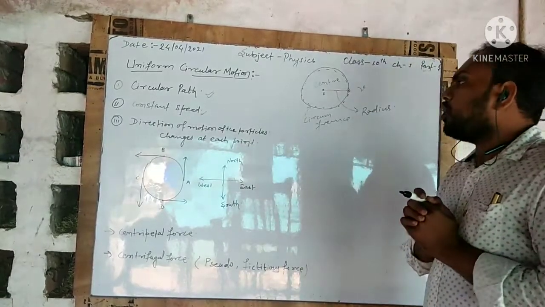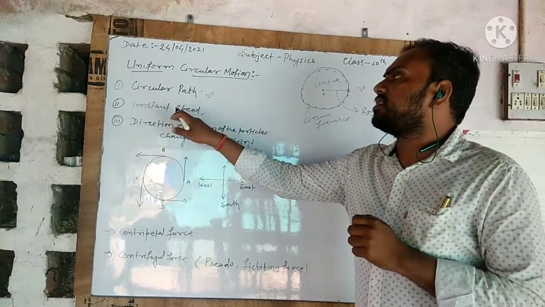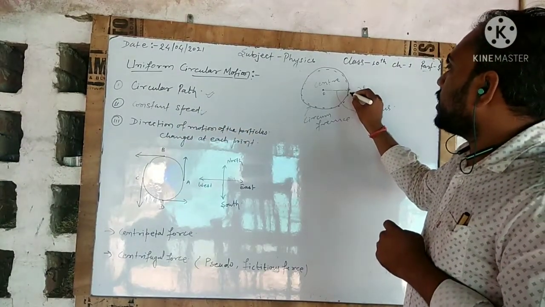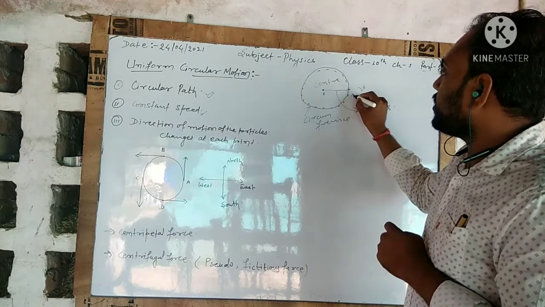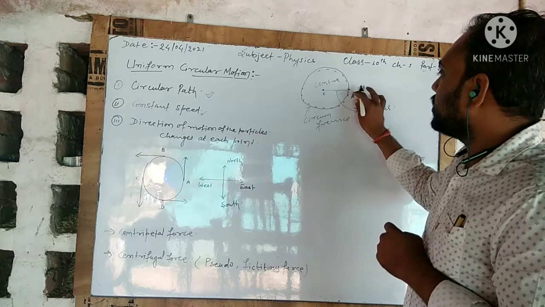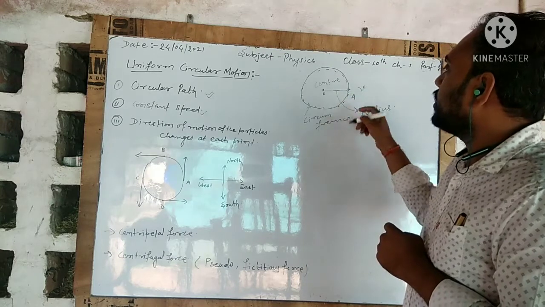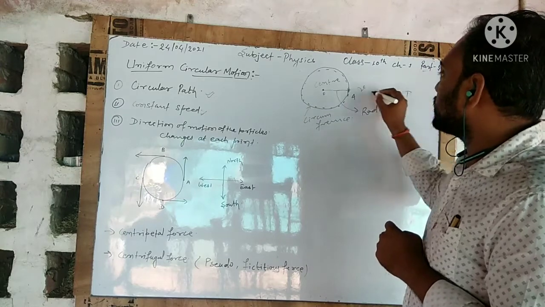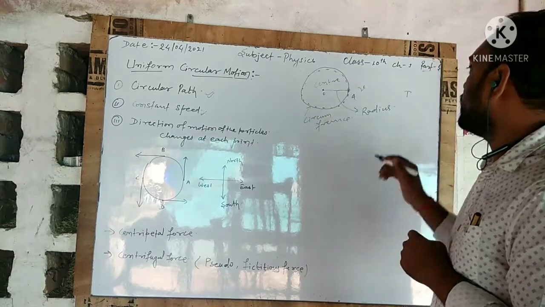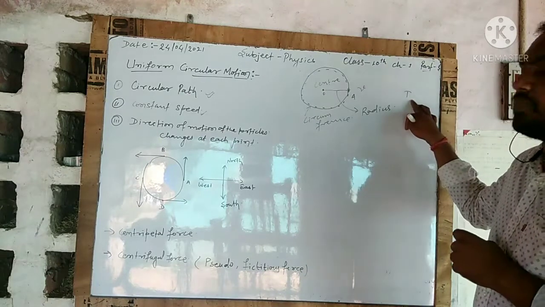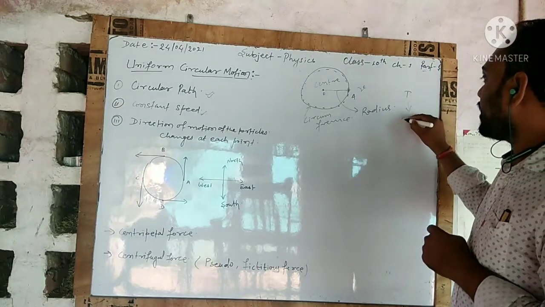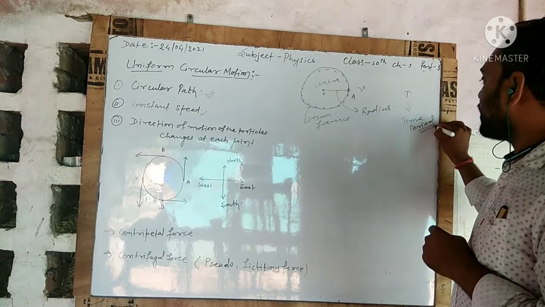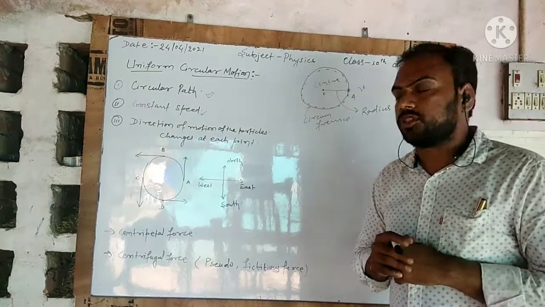Why is it called fixed speed or constant speed? Because if the body starts from A, in time t it will cover the whole circumference. That is called the time period of the circular motion.